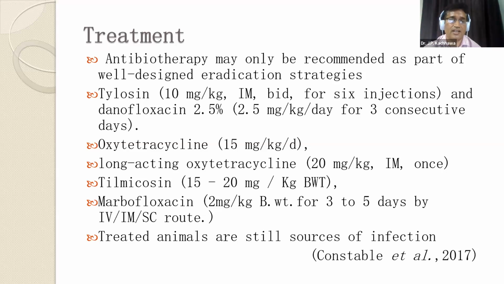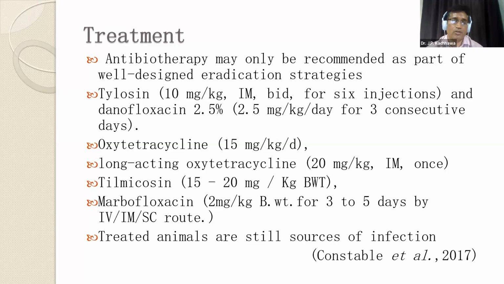Oxytetracycline is very popular among the farmers, and they take this medicine from the medicinal counter and use it by themselves. Long-acting oxytetracycline at 20 milligram per kilogram body weight as a single shot is also effective in this condition.